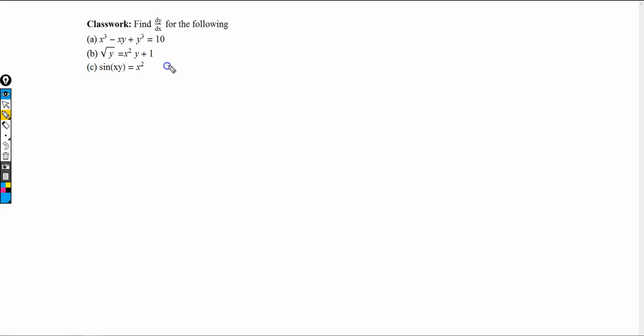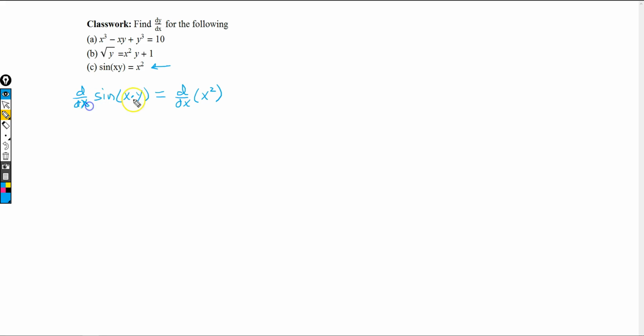So for the third one here, part C, we have to once again differentiate both sides with respect to x. Now the right-hand side is easy. That's just going to be 2x. This part right here is a little tricky.